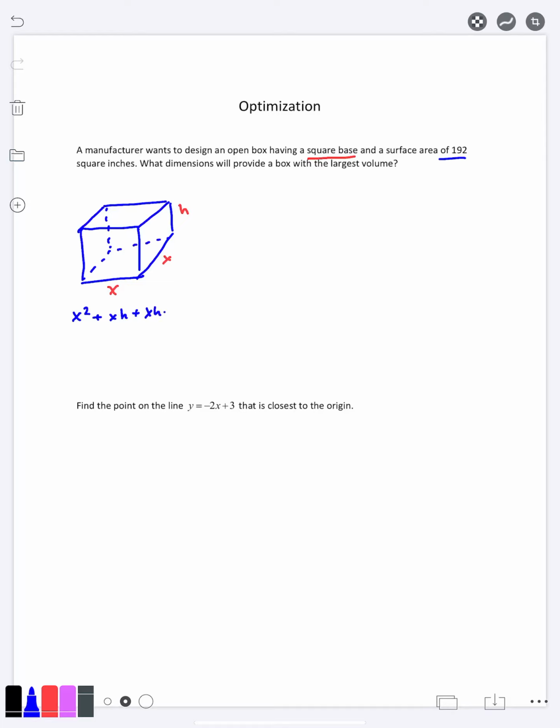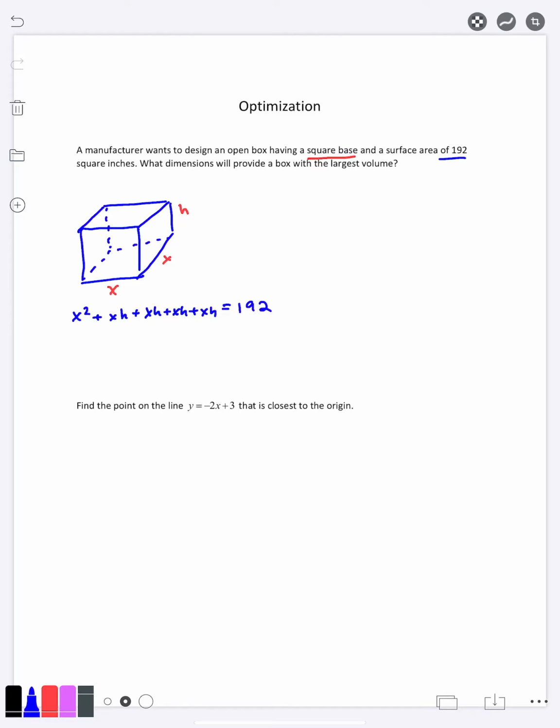The right side, the back side, the left side. And then normally you would add the top to it, and that'd be another x squared involved. But in this particular case, we don't, because they want an open box here. So we don't add x squared again, we just set this equal to 192.